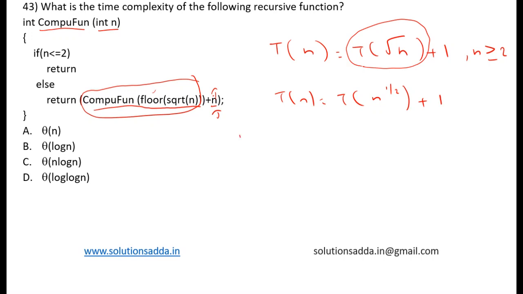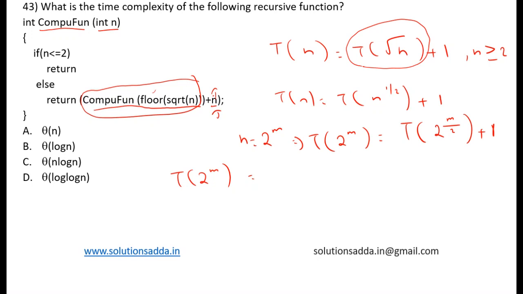Now assume n is equal to 2 to the power m. Then we can write it as T of 2 to the power m is equal to T of 2 to the power m by 2 plus 1. Now assuming that T of 2 to the power m is equal to S of m, we can write S of m is equal to S of m by 2 plus 1, which can be replaced by a constant c.